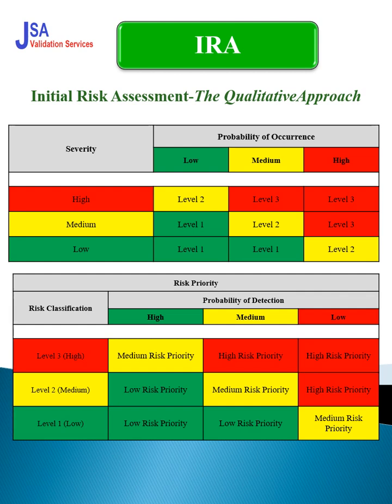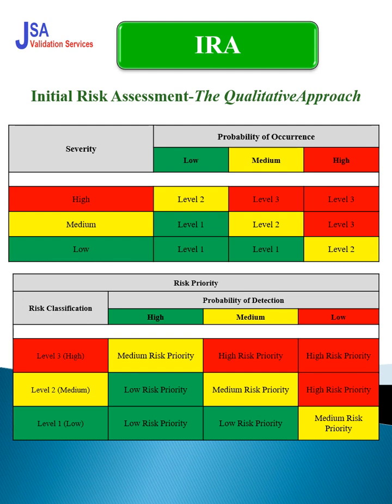So for initial risk assessment, we have two approaches: one is the quantitative approach and one is the qualitative. When we have a new system, we go for the qualitative approach. So we have high, medium, low severity, and probability also low, medium, high. First of all, we have to identify the risk priority, the risk classification.